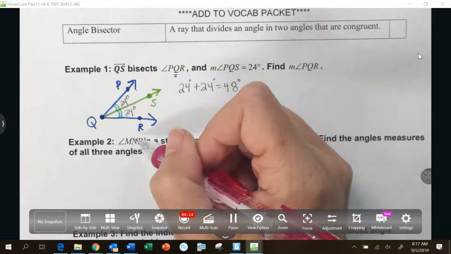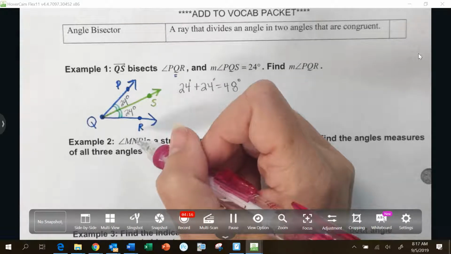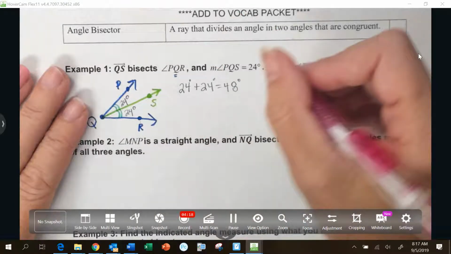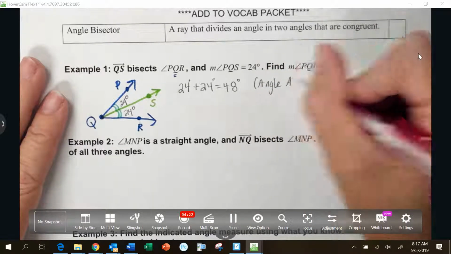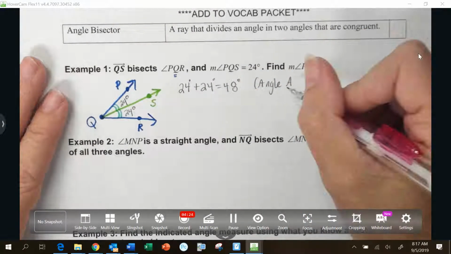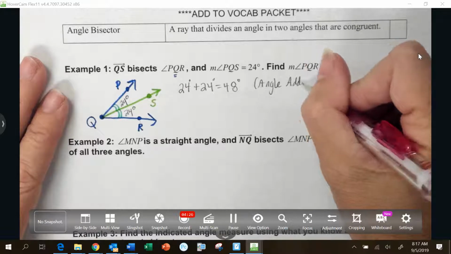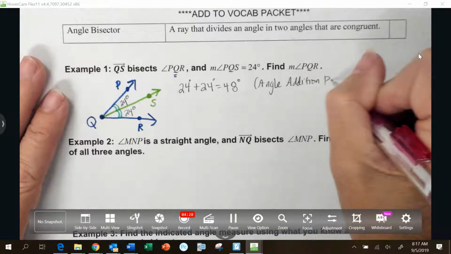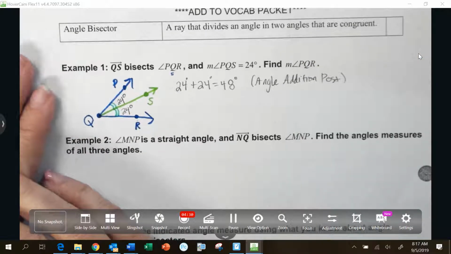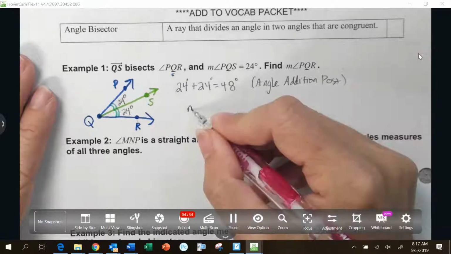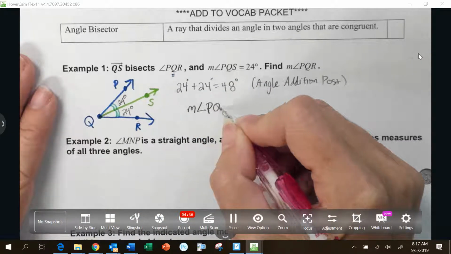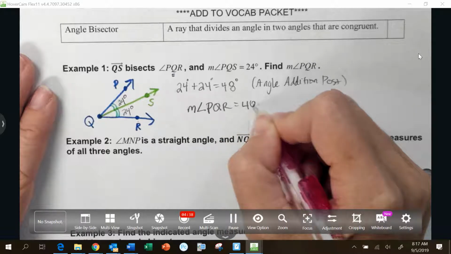Avneet? The angle addition postulate. Just so we're remembering these things. I'm not making a big chart, I'm just going over it. Angle addition postulate. There we go. All right, so once you add those together, we get 48 degrees. So the measure of angle PQR is 48 degrees.